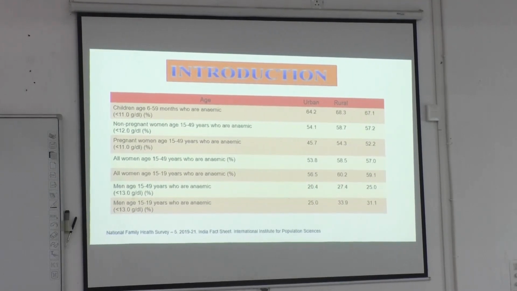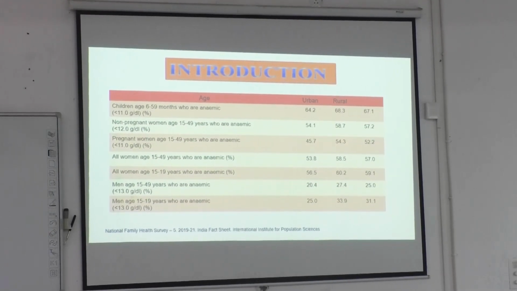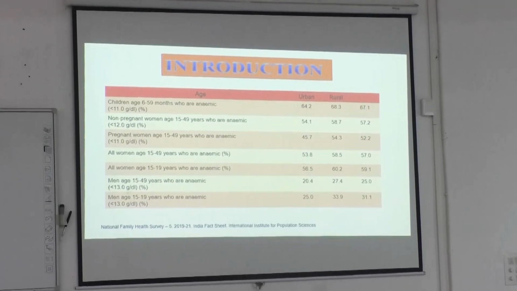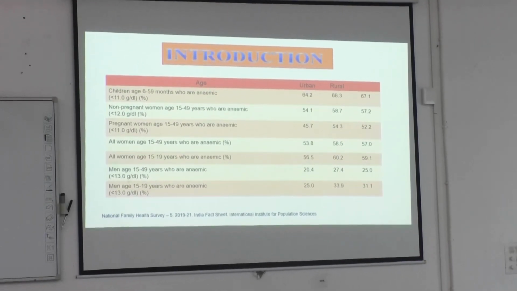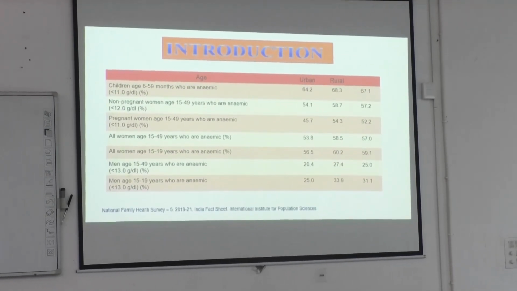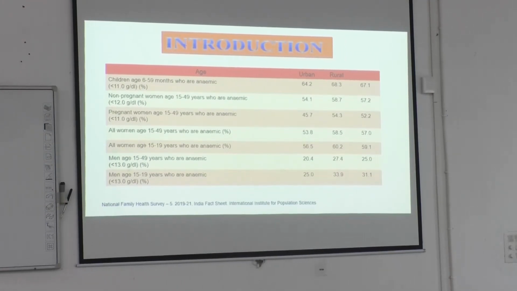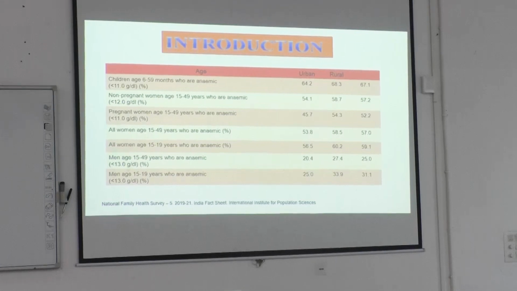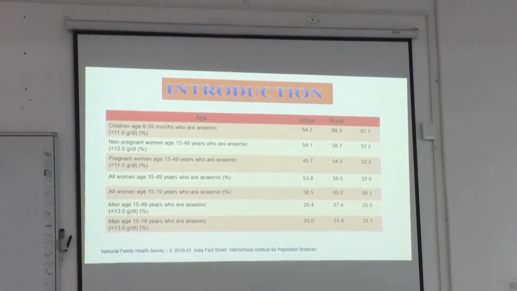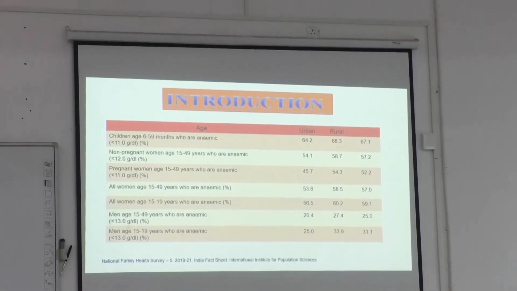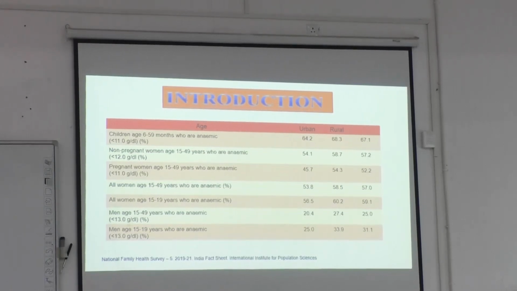In adolescents, meaning between 10 to 19 years, their data is 31% of boys and 59.7%, take it around 60%, of girls in that age group suffering from anemia. So it's huge. So we need to study because of this.